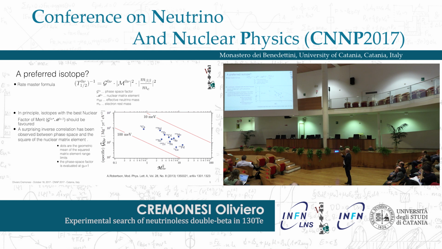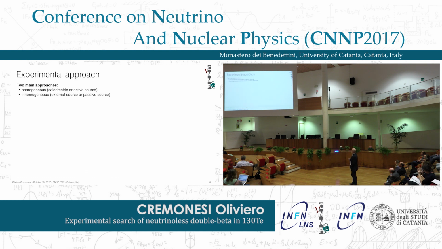So this means that actually we do not have a golden isotope, and all the isotopes are practically equally good. And so from the point of view of the theorists, we do not have an indication for a particular nucleus, and so tellurium is a good candidate. This, of course, is within a factor 2 or 3, which probably is not important for theorists, but for an experimentalist is very important. So it is in any case important to understand what is the difference within this factor, within the different isotopes.